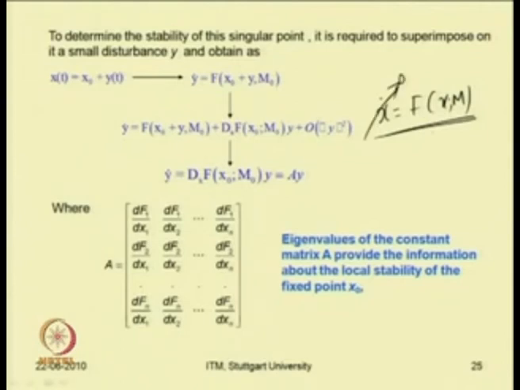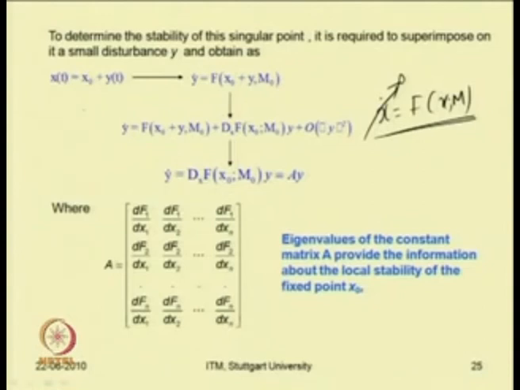By solving f(x, m) equal to 0, the solution we get is x 0. Then by perturbing it, that means slightly changing its value, at a slightly different time the response becomes x(t) equal to x 0 plus y(t).